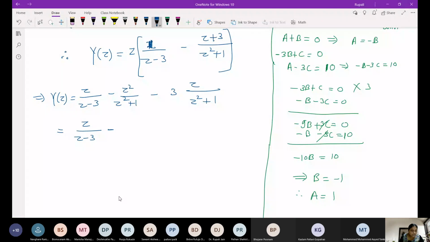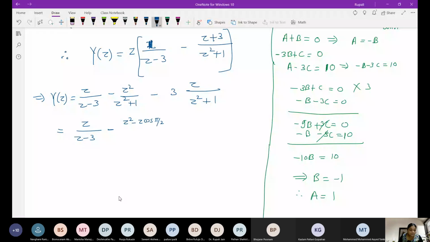For this z square, I have to rewrite it as z square minus z times cos pi by 2.